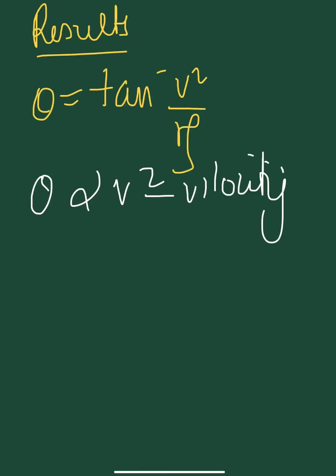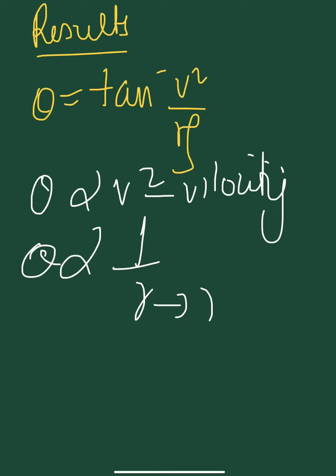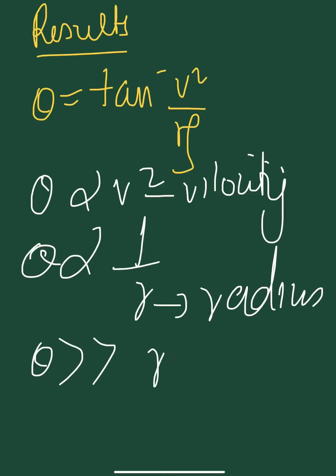Theta is inversely proportional to the radius of the turn. That means if I want theta to be a large value, the radius must be very small. The angle of bending is larger when the turn is very sharp.